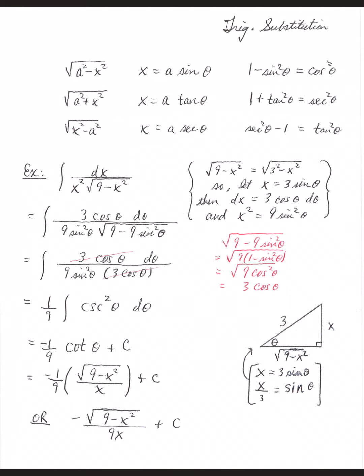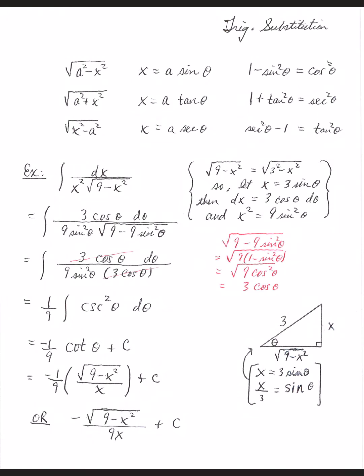In the case of the addition of two squares, constant plus variable, you can use the substitution x equals a tangent theta. The x's and the a's can be a little bit tricky to find. I'm going to go through some examples to try to help you pick those out, though.